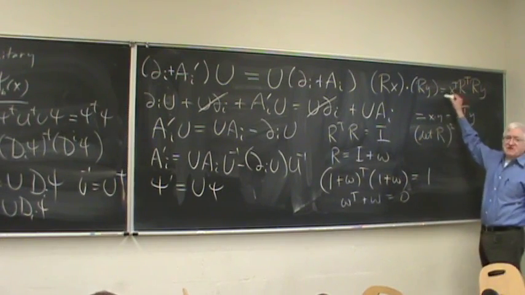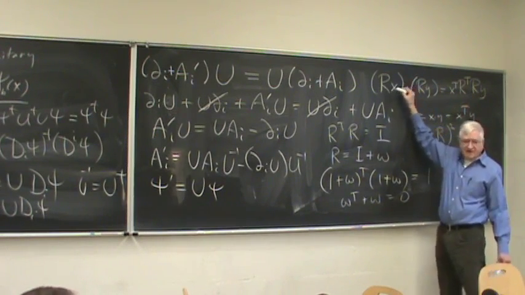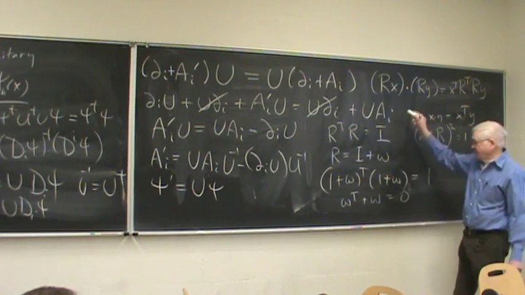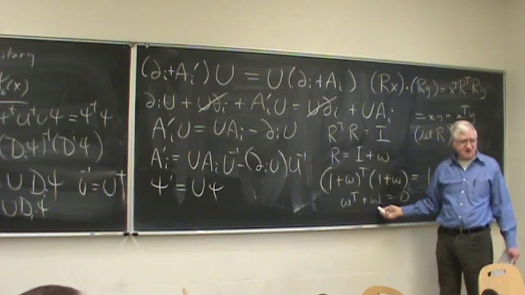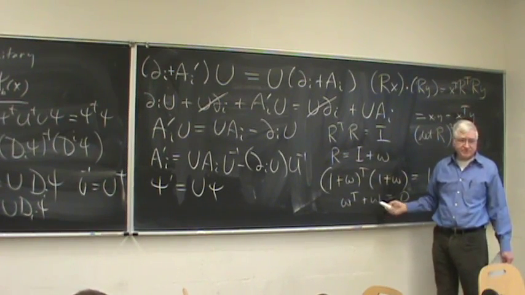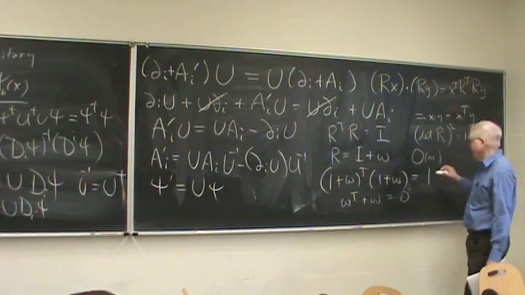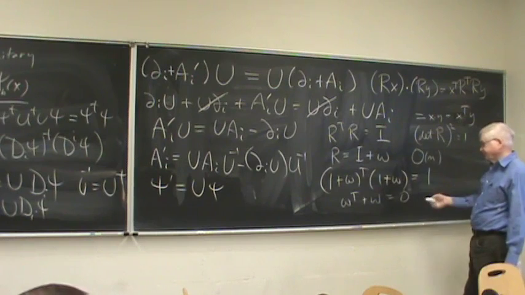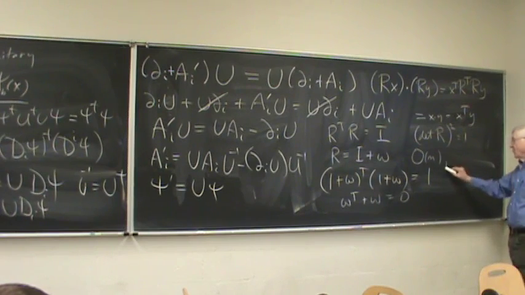Notice that we could be doing this in n-dimensional space. If we did this in n-dimensional space, then R would be n by n, this would be an n vector. Everything here would be the same, and we would just say that the omegas had to be n by n real antisymmetric matrices. And the group we would be talking about then would be ON. And so the particular group we're talking about here is O3.